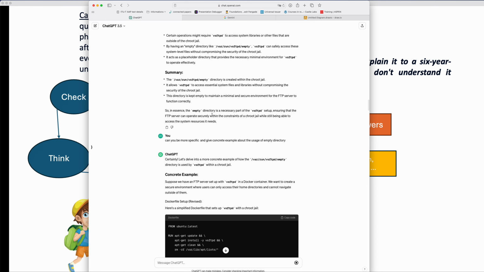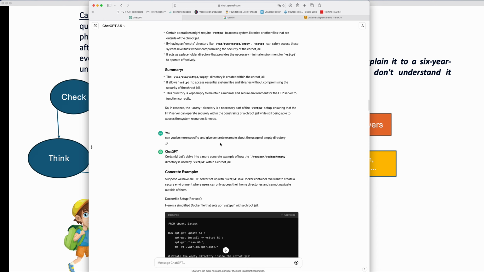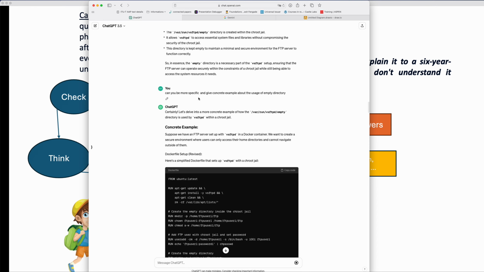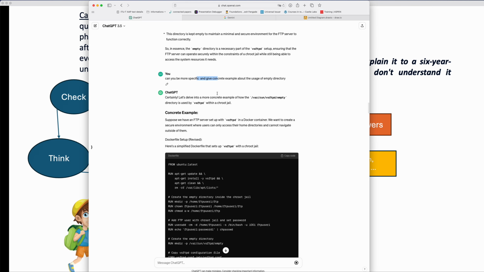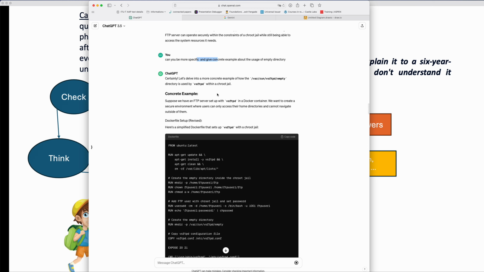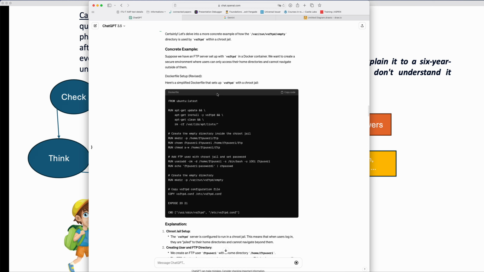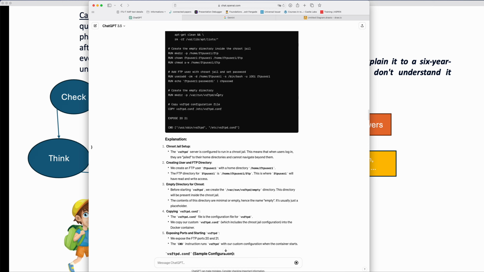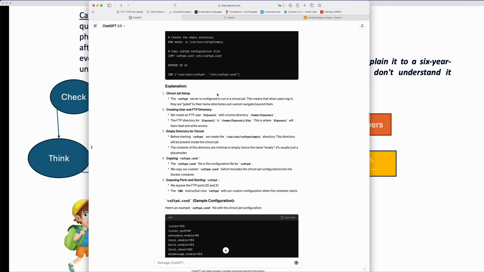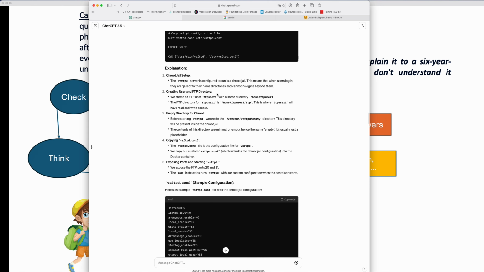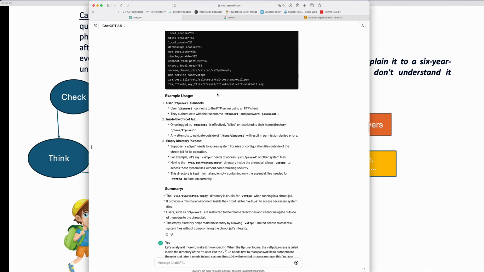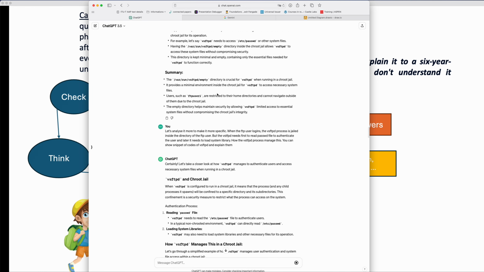Again, there is something not clear to me, so I asked, can you be more specific, give me more concrete examples? The tool started to give me some examples, and again I'm reading, but I'm still not able to completely understand the purpose of this empty folder.